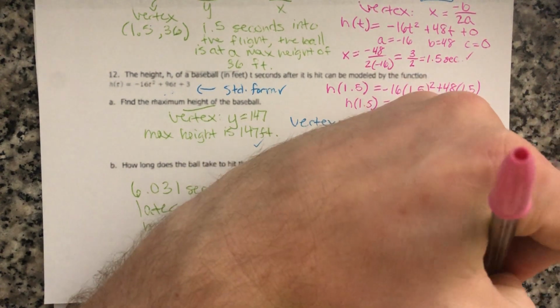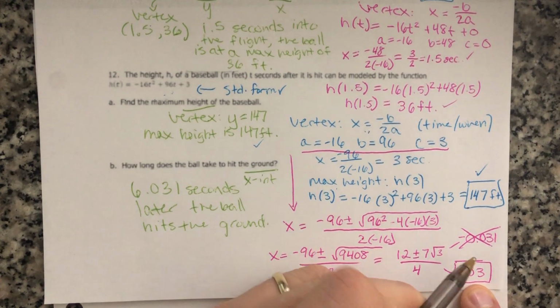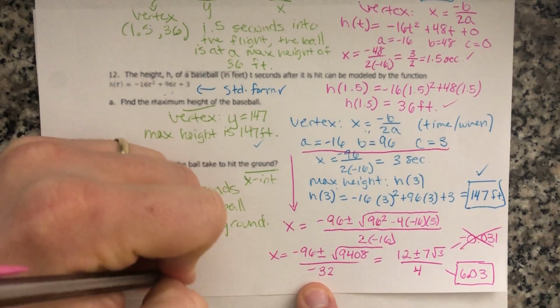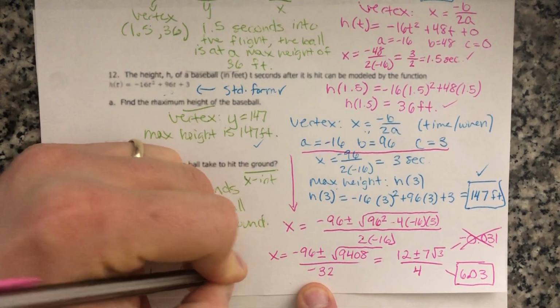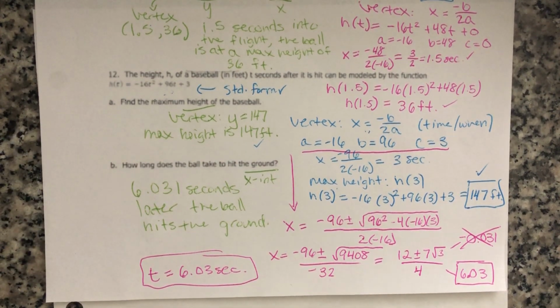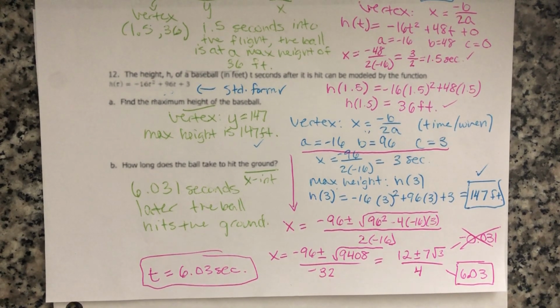So our answer is only the positive number time. And we also always want the bigger time value. So our t algebraically is 6.03 seconds. The ball will hit the ground after just over 6 seconds of flying through the air. So the quadratic formula is what we could use there.